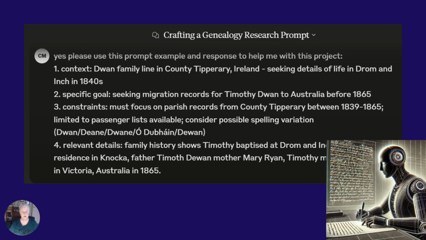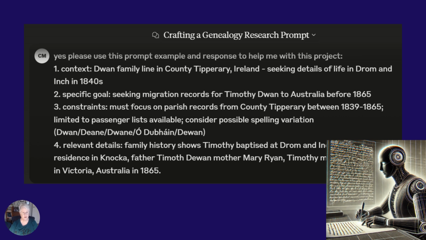Limited to passenger lists available, and consider possible spelling variations for the name Dwan, and I've put these in place. Then for the relevant details, I'll put in place what I do know already, that Timothy was baptised at Drom and Inch in 1839, and they lived in a residence in the townland of Knocker.